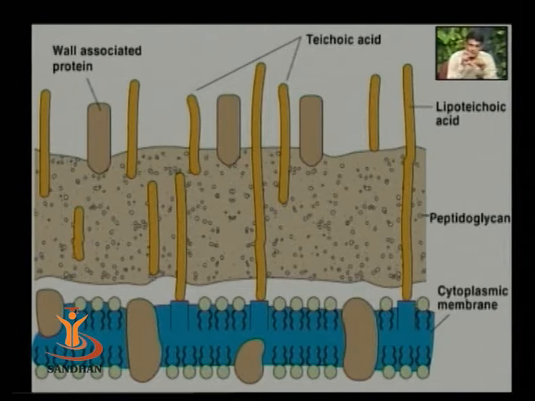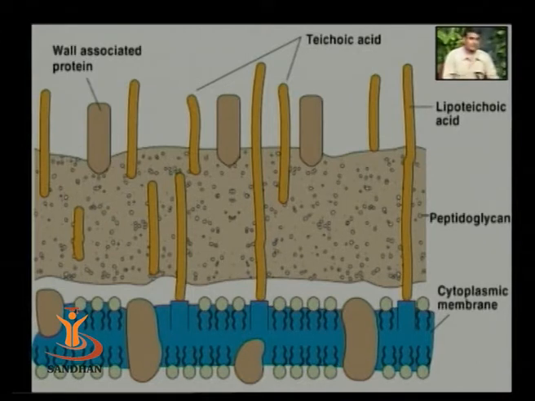Now the lipoteichoic acid which passes through this peptidoglycan layer and reaches the cytoplasmic membrane provides the stitching action between the peptidoglycan layers, and it just works like a thread. So this teichoic acid is the characteristic of gram positive bacteria.